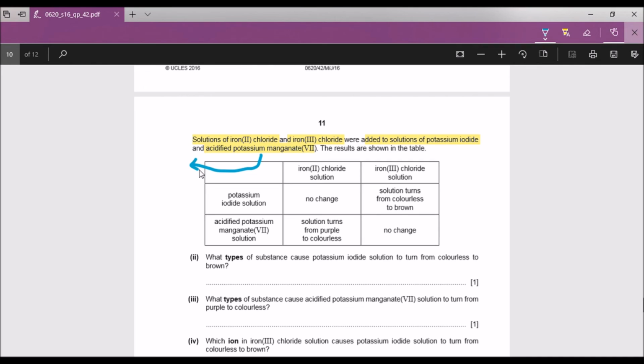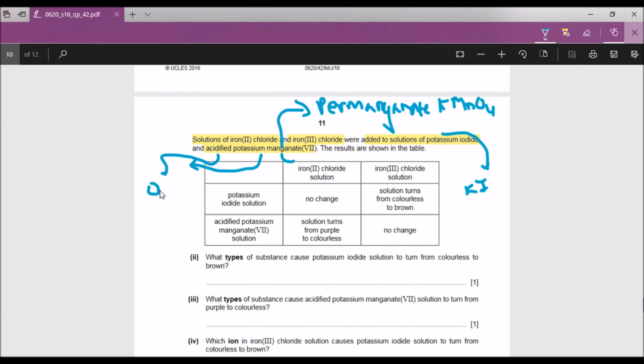So from this, you can already know that potassium manganate, which is also potassium permanganate, or KMnO4 is the formula, is an oxidizing agent, while KI, this is just a salt, is a reducing agent.